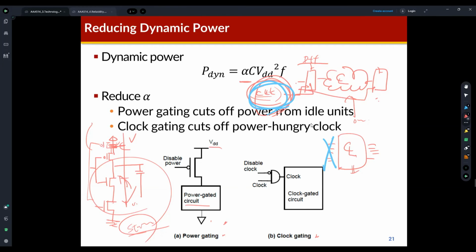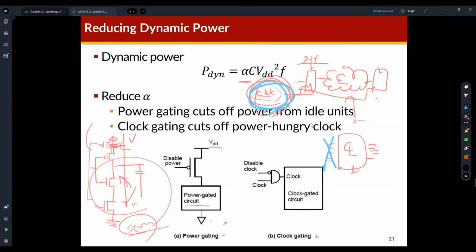But you may think that this is also controlled by MOS transistors. Then how can you reduce the static power? Static power means that even though the transistor is turned off, the current can flow between source and drain. That is the definition of static power.